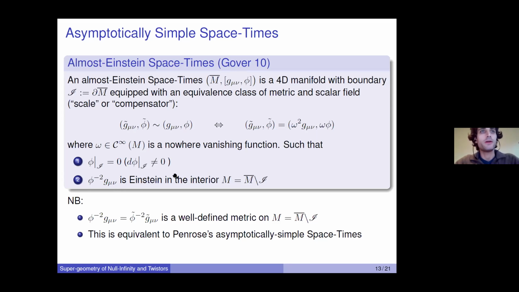But now you want an asymptotically flat manifold. So you want this phi, the scale, to go to 0 at the boundary, to go to 0 at null infinity, which means that this preferred metric is only well defined in the interior, because when phi goes to 0, this metric stops making sense. So it's just a rephrasing of Penrose's usual definitions.